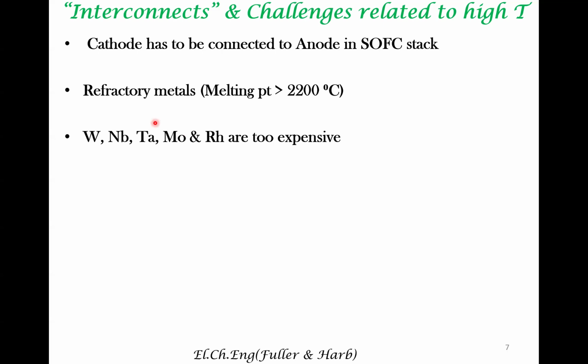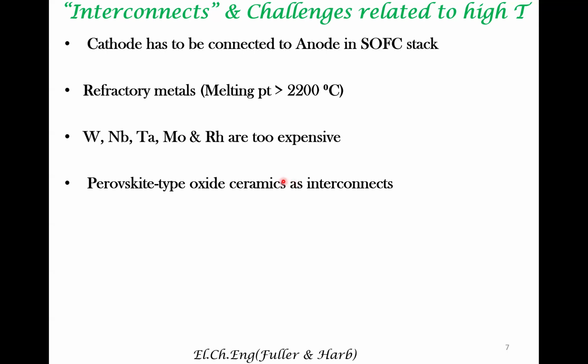So one of the challenges in bringing down the costs of SOFC is to find an ideal material which has sufficient electronic conductivity so that it can be used as an interconnect. And perovskite type oxide ceramics are being explored for interconnects.